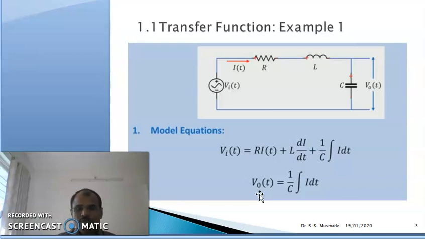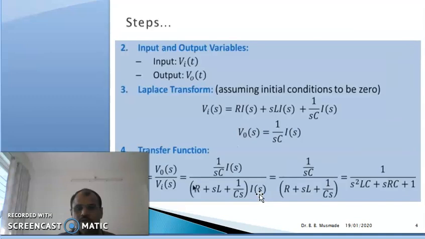After these model equations, let us choose input and output variables. In this case, Vi of t is the input voltage as the input variable and V0 of t is the output voltage as the output variable. So now take the Laplace transform of these two equations assuming zero initial conditions.